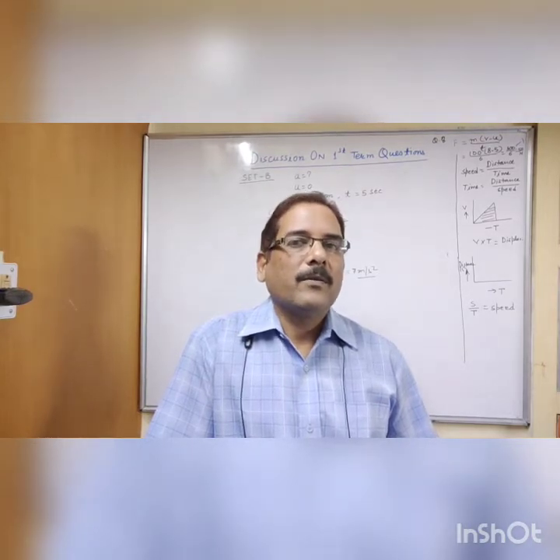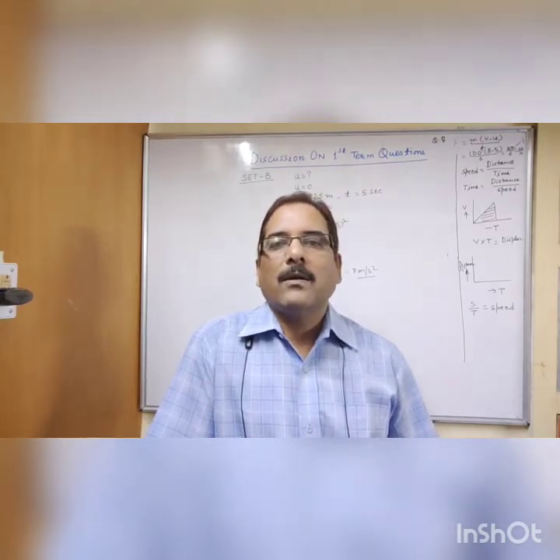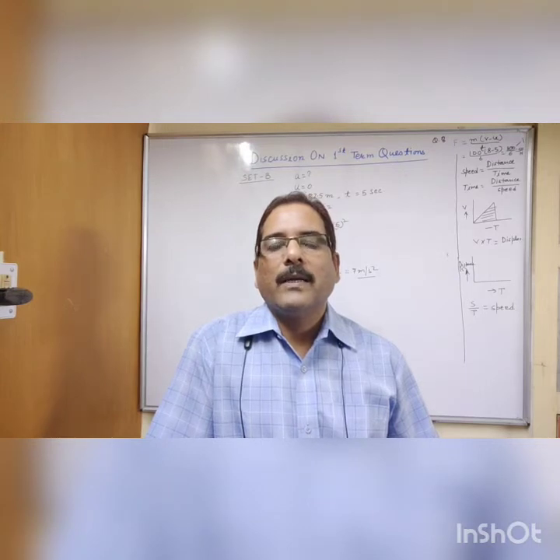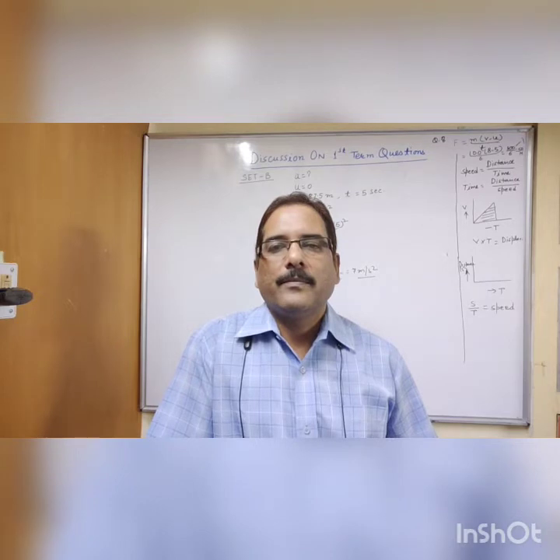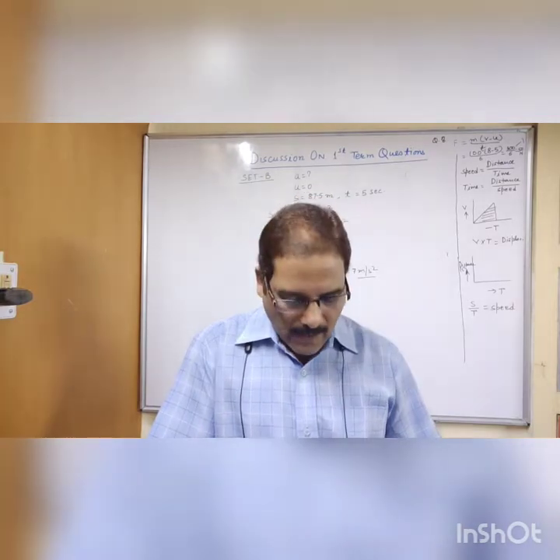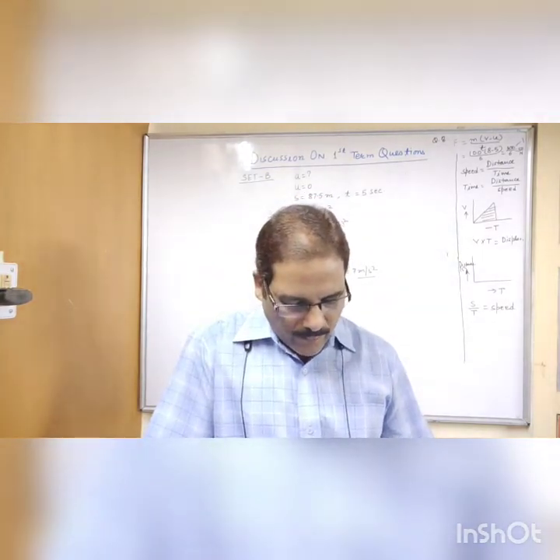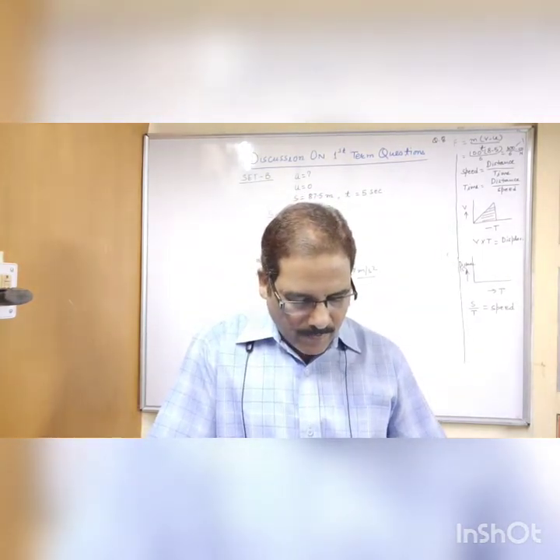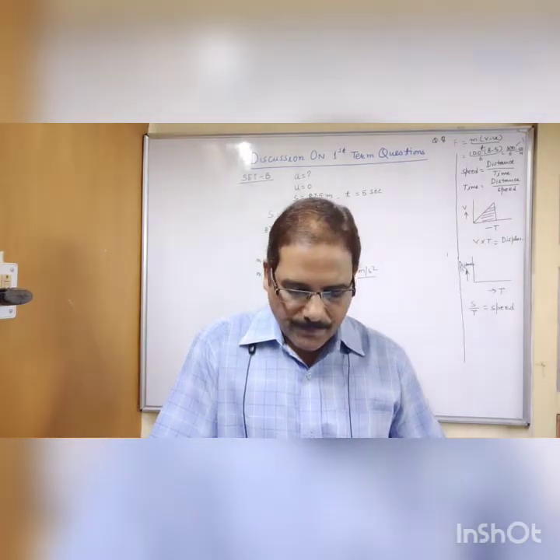But during uniform circular motion, velocity is not constant because the body is continuously changing its direction along the path. Although its speed is constant, in a circular path its direction changes continuously. So, the type of motion is uniform circular motion.